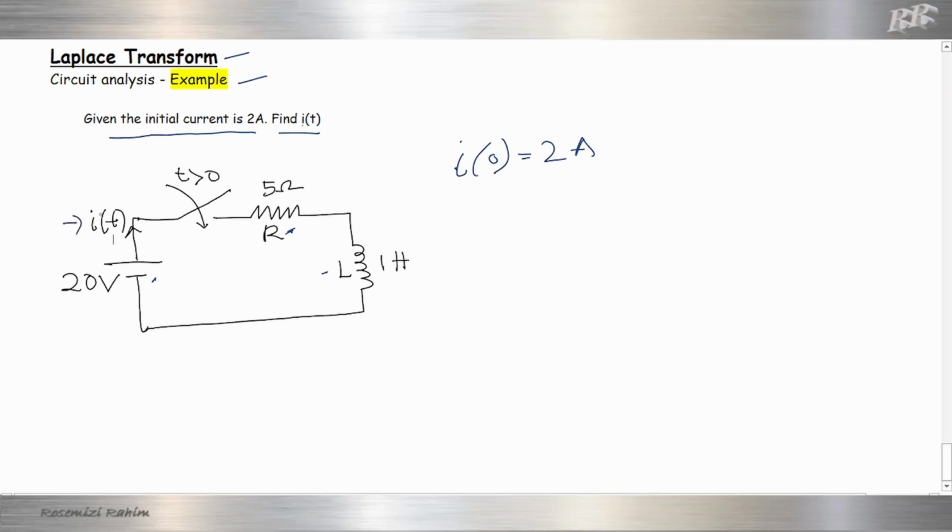To analyze this circuit we need to use Kirchhoff voltage law, KVL. We use KVL on this loop. KVL states that the total voltage in a closed loop equals 0 volt.